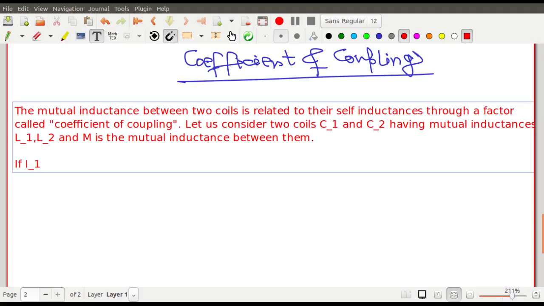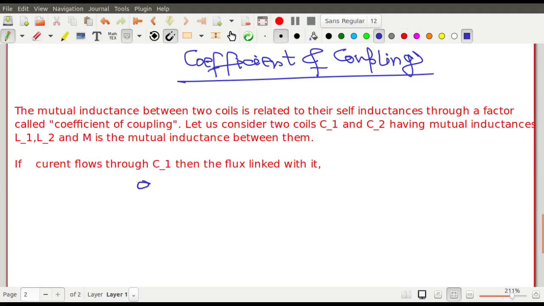If I1 current flows through C1, definitely if I1 current flows through C1, then the flux linked with it will be how much?